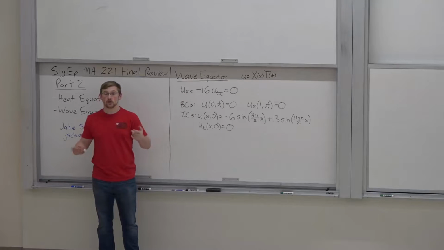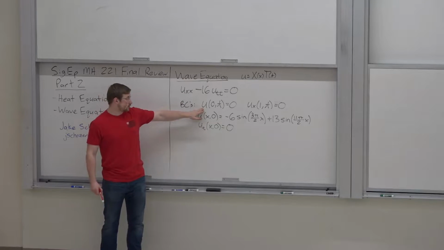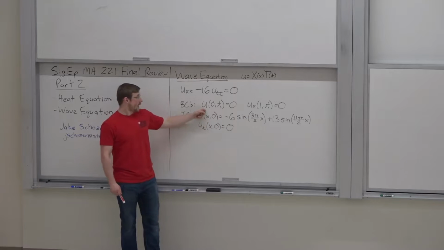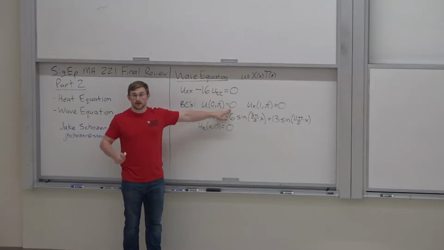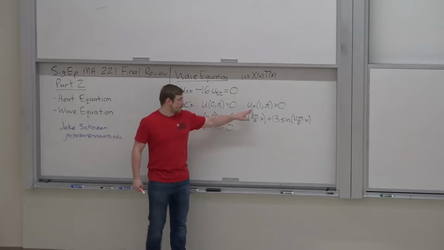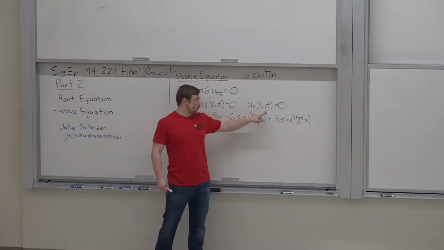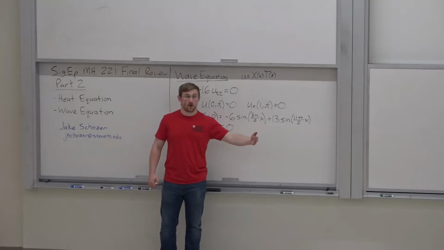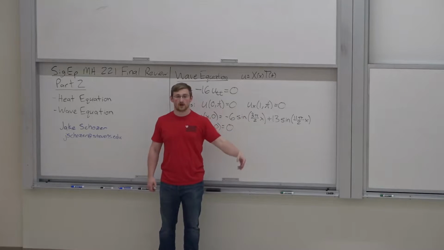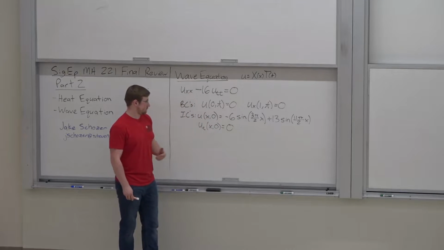That's what this u gives us. Our boundary conditions are saying that at x equals 0, my amplitude is always 0, so it's fixed. And the derivative of x at 1 is 0, which means that the velocity at the other end is always 0.